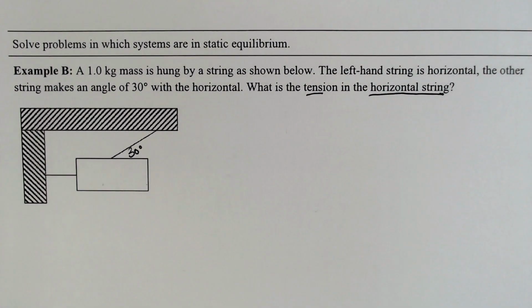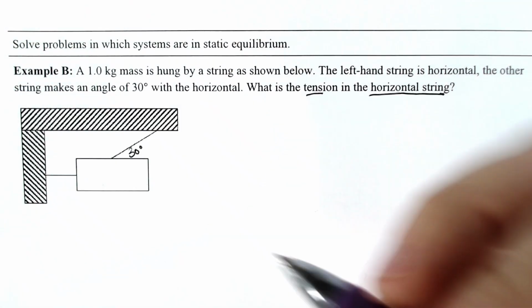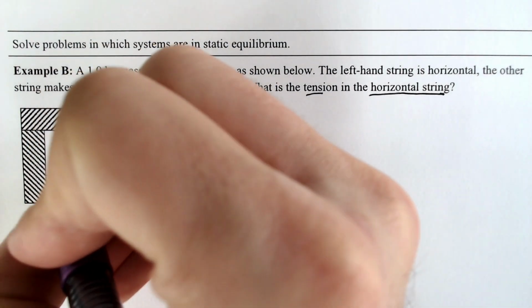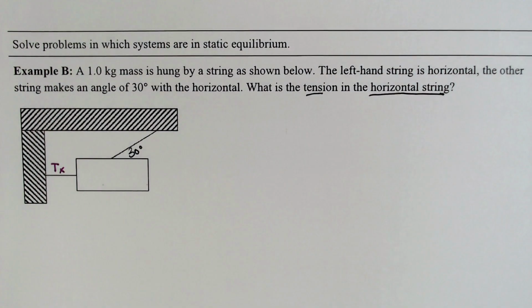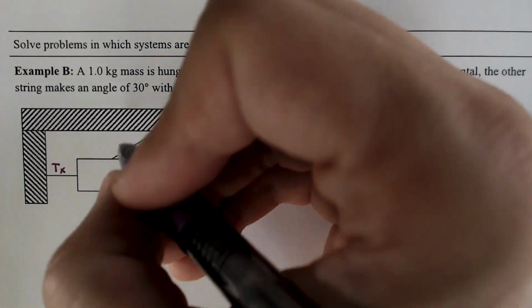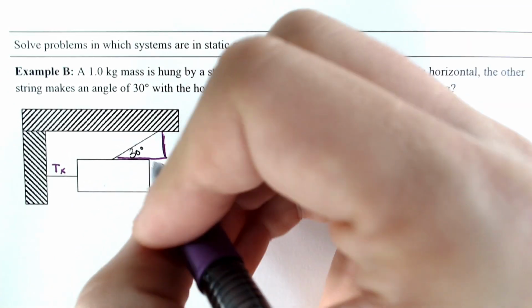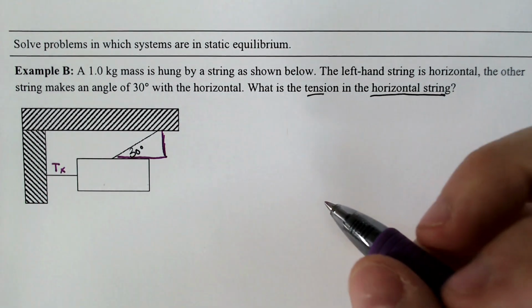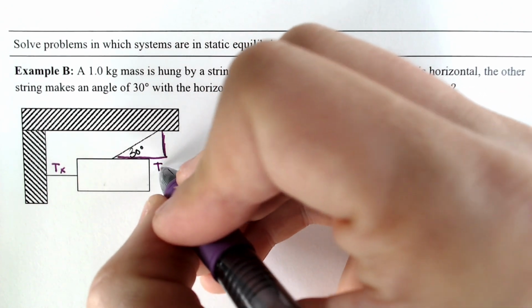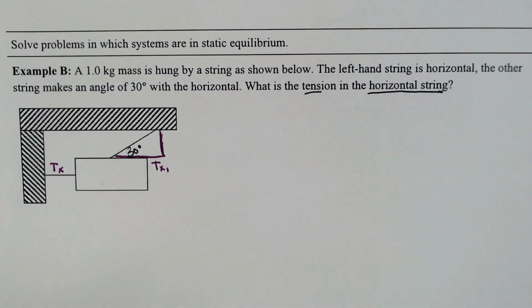Well, finding the tension of that horizontal string will involve us recognizing that this T of X, I'm going to call it, must be equal to the horizontal component of this guy, which I will be calling Tx1. Okay?